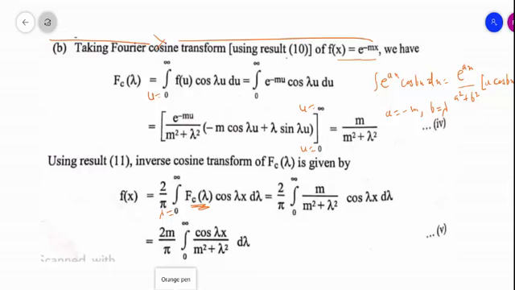Since m is constant, we take it outside. So 2m upon pi is a coefficient for the integration, and we shift it to the left hand side. It becomes pi upon 2m f of x is equal to this integration. And we get the required equality.